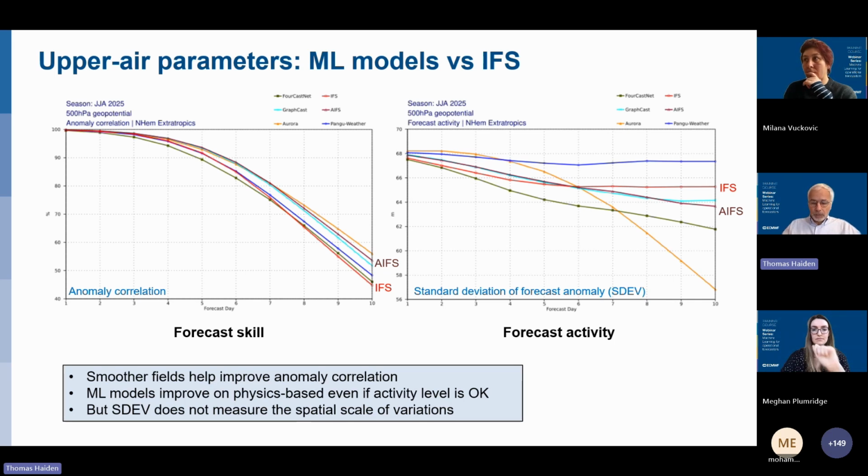Again, you have the Aurora model here on top, but when we look at forecast activity, which is another quantity that is important to consider when we compare these models, we can see that Aurora drops down quite a bit compared to the other models in activity. This measures the standard deviation of the forecast anomaly relative to climatology.